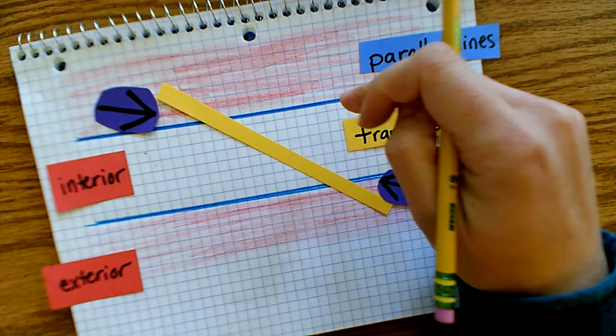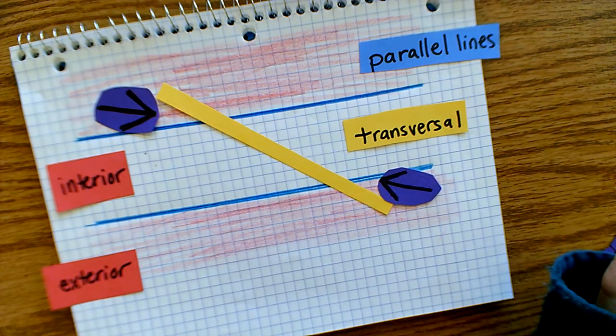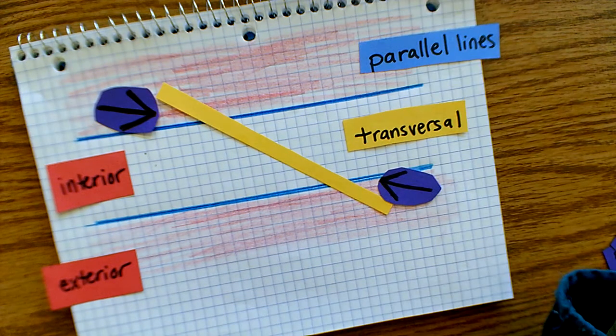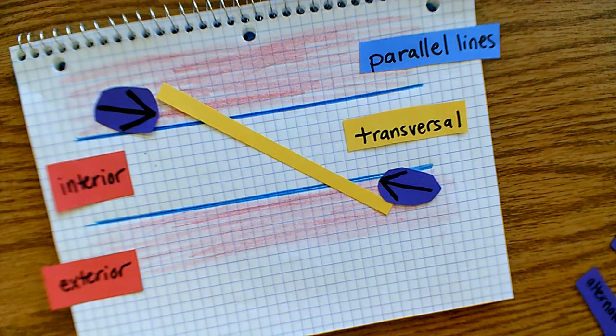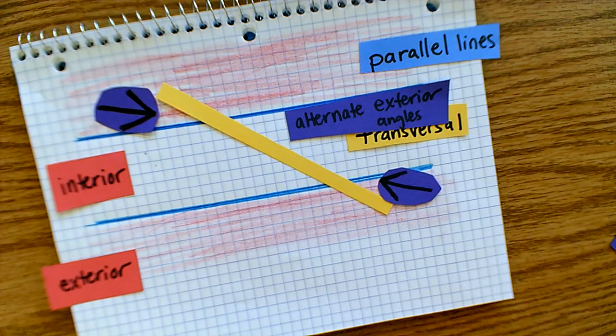Are they attached to the same parallel line, or are they in different parallel lines? Well, they're on the opposite ones. And are they on the same side of the transversal or opposite sides of the transversal? Well, looks like they're on opposite sides. So what this means is we have another pair of alternate exterior angles.